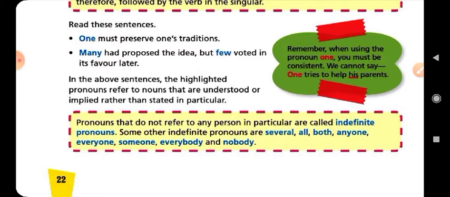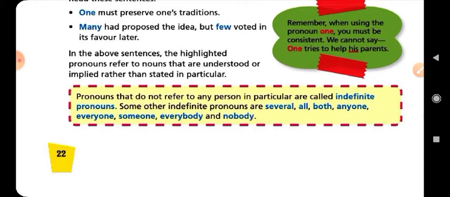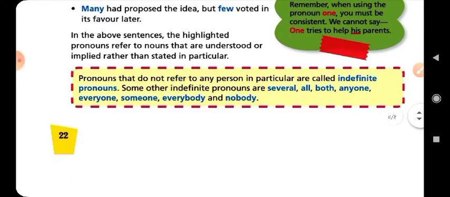So in the above sentences, the highlighted pronouns refer to nouns that are understood or implied rather than stated in particular. Now, the definition of the indefinite pronoun: the pronouns that do not refer to any particular person are called indefinite pronouns.